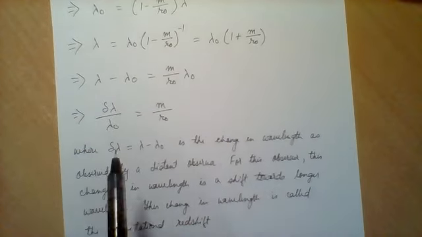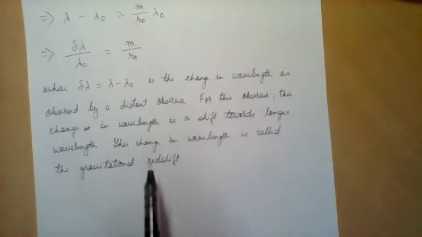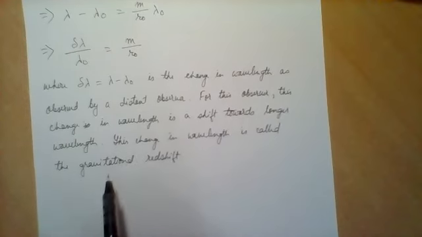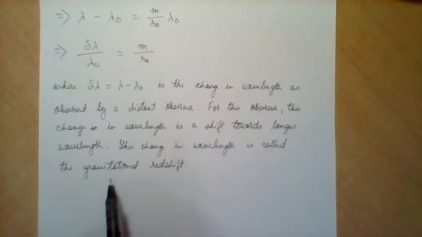Okay, so this change in wavelength is due to the influence of the gravitational field on the emitted light, and this we call the gravitational redshift.